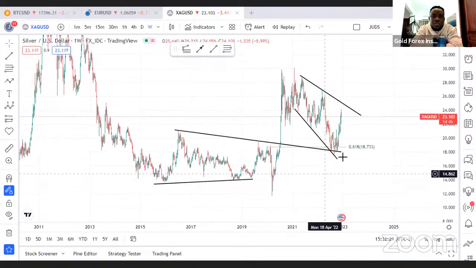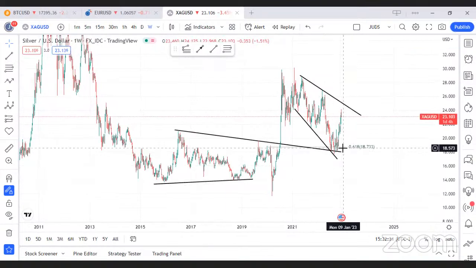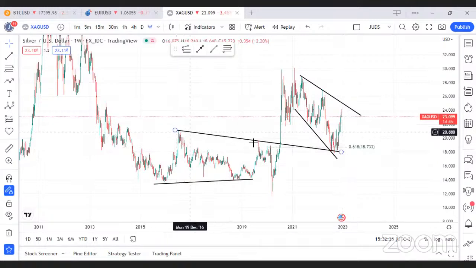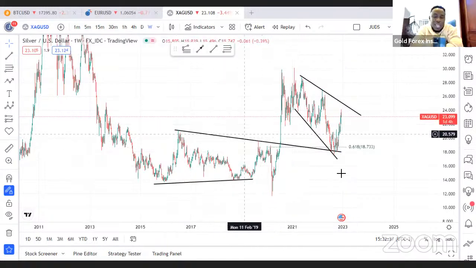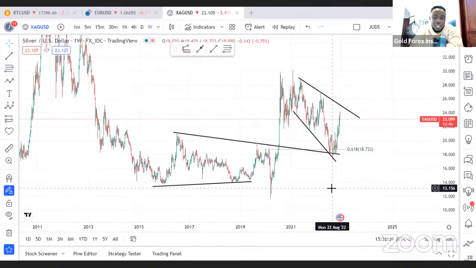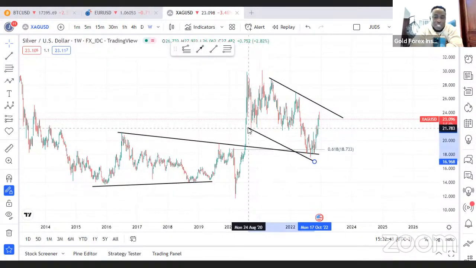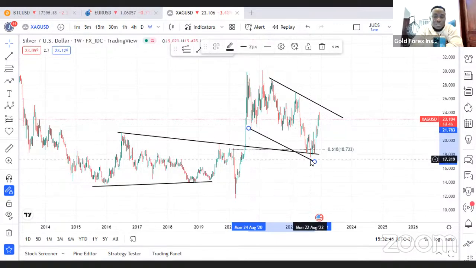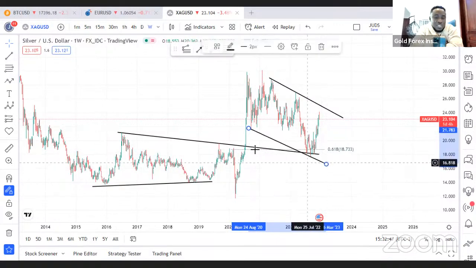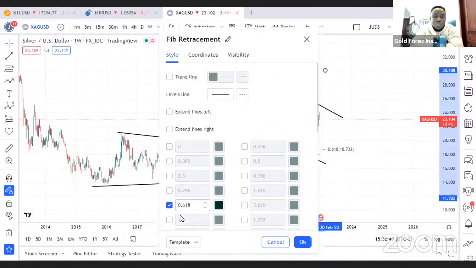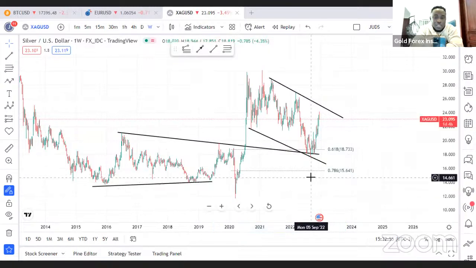My confluence is, 61.8 is the golden ratio, a very key pivot. But one thing is that it can also come down, especially when it's trying to form a harmonic pattern. Then that means it comes to 78.6 or even 88.6 to form like a W pattern.